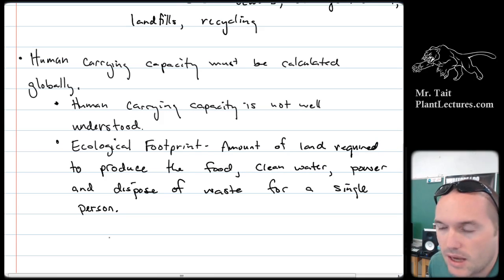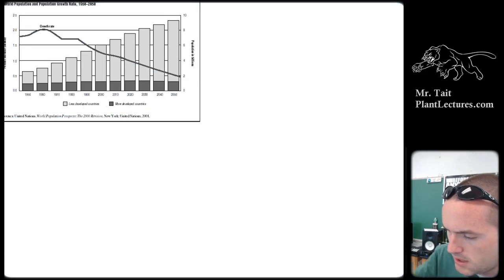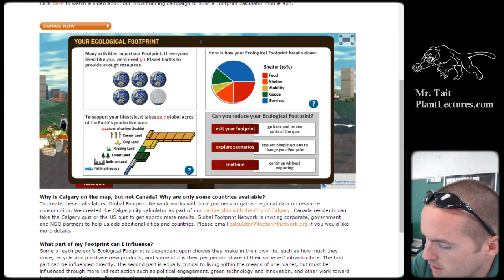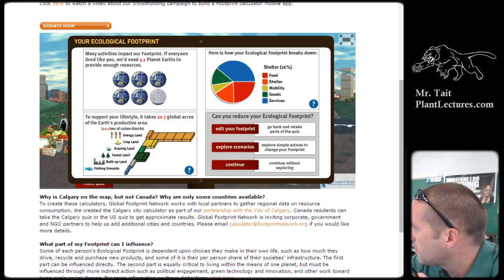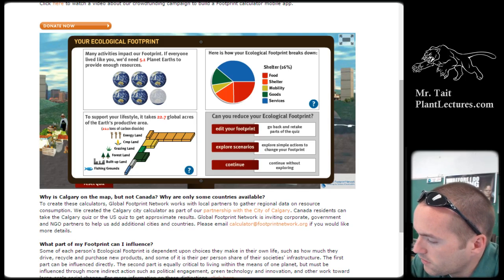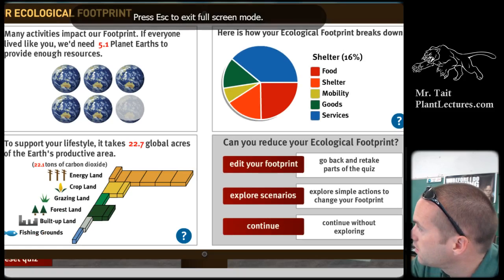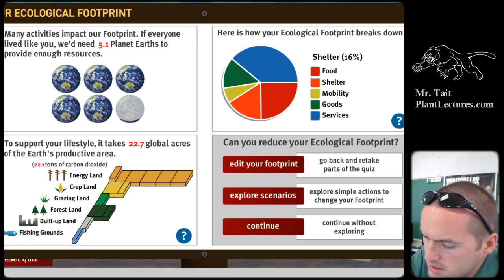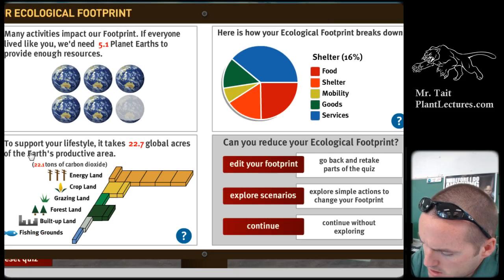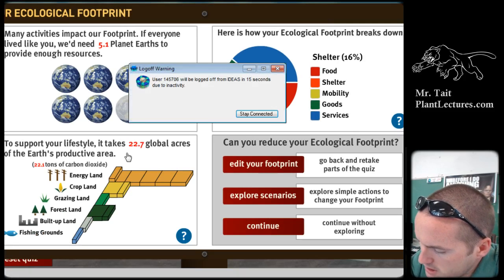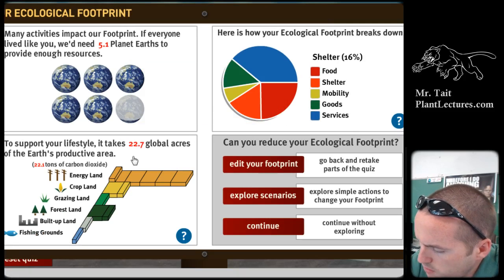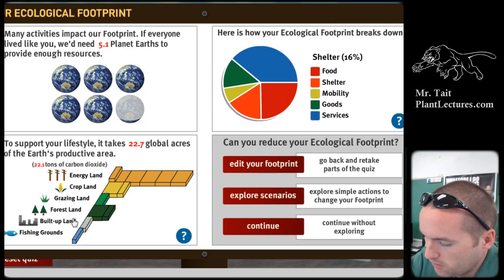And you can go online. There's lots of ecological footprint calculators. I just went online and did mine here. And it's hard to read, so I'll give you the Cliff's notes. Maybe I can make it bigger. Oh, that got huge. All right, so here we go. It says, to support my lifestyle, it takes 22.7 global acres of the Earth's productive area.